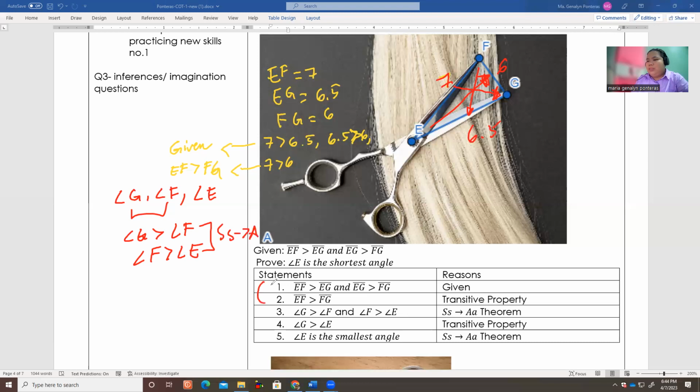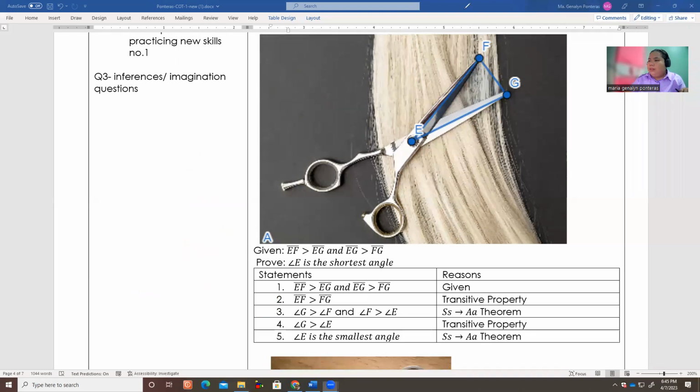Kasi nabanggit dito yung side, tapos mga angles na. Kaya, we can say that angle G is also greater than angle E. Yeah, so that's also transitive property of inequality. So from that, we can say that angle E is the shortest angle. So still side to angle theorem. So we prove this by side to angle theorem.